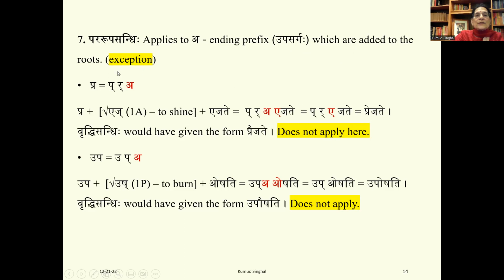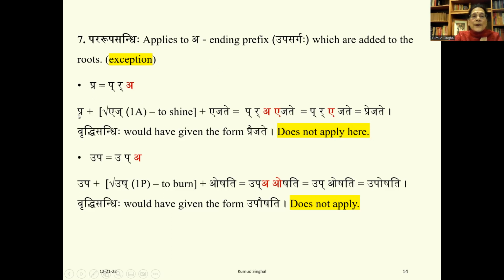Two such upasargas are pra and upa, and they have to be a-ending. So pra ends in a, and upa also ends in a. These are the two prefixes which are added to the roots. There are 22 such upasargas, and these are two such. So it only applies to the a-ending upasargas.